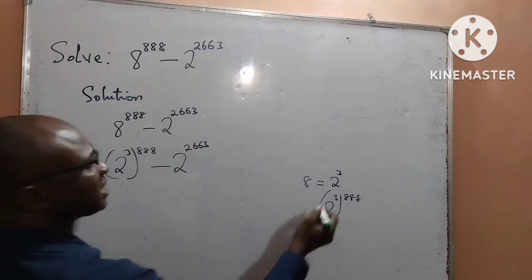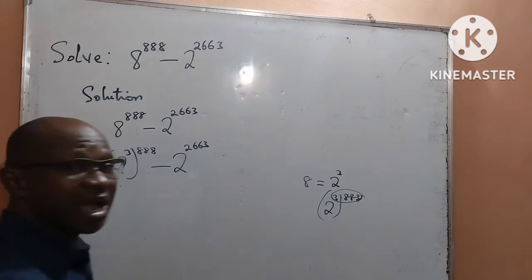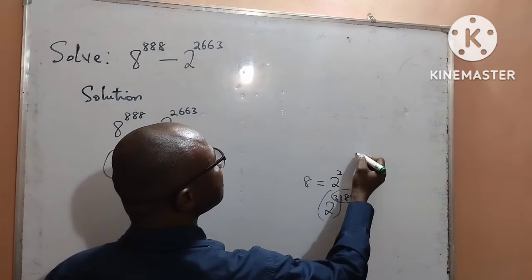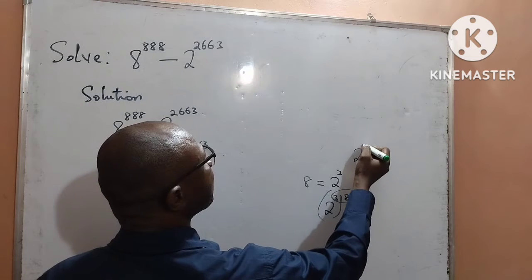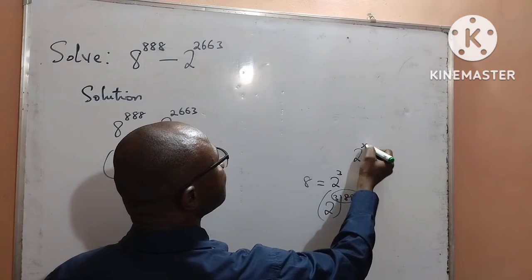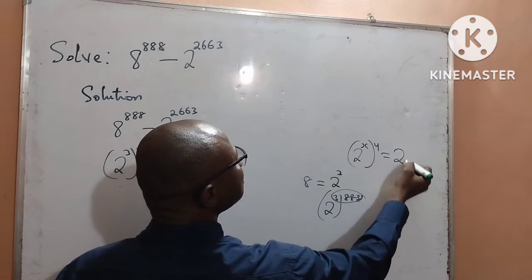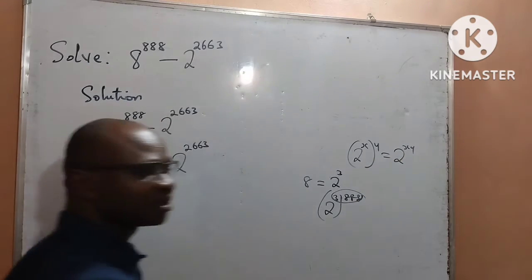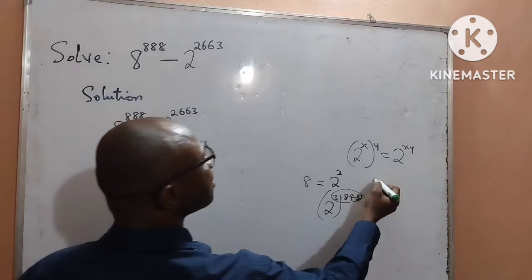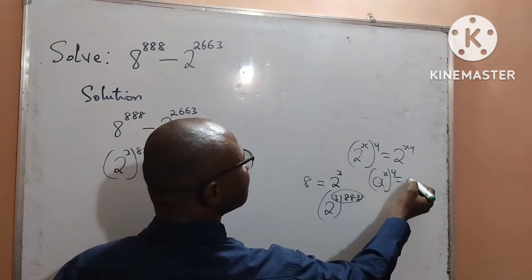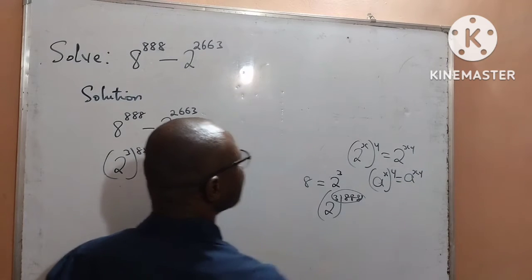What that implies is that I should multiply the powers, according to the product law of indices, which says that 2 to the power of x, all to the power of y, is the same as 2 to the power of xy. Even if I'm using a variable, a to the power of x to the power of y, it is still a to the power of xy.